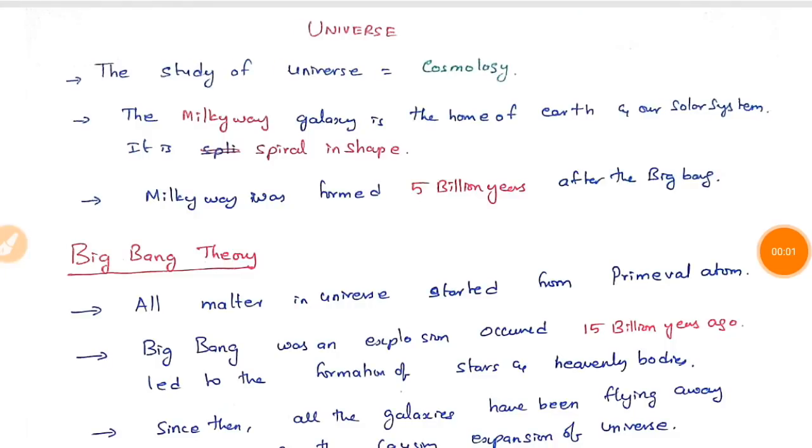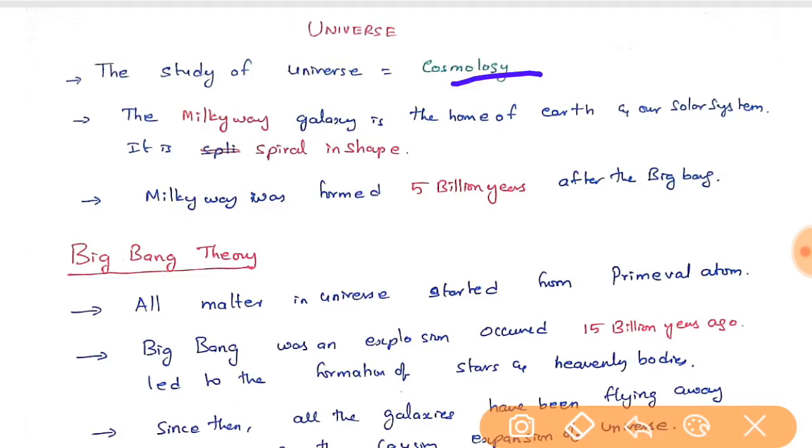Hello friends, how are you? We are looking into the geography series of lectures, and in this video we are going to see about our universe. The study of universe is called cosmology, friends. See, what is universe? To understand that, where we are in India, friends. India is in Asia. Asia is on the earth. Earth is one of the inner planets of the solar system.